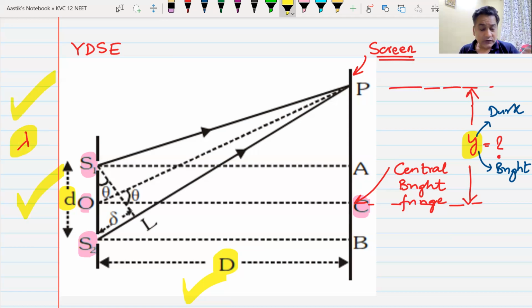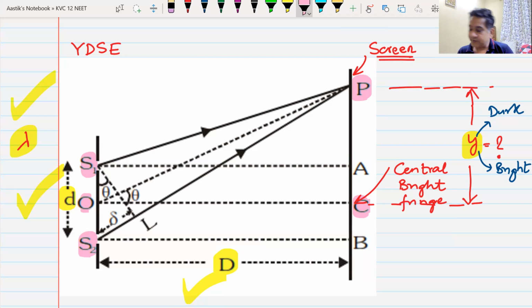Yes, sir. Now, how are we going to find that out? At this point P, we are going to have interference from two waves which are coming. Can you see those two waves interfering at point P?